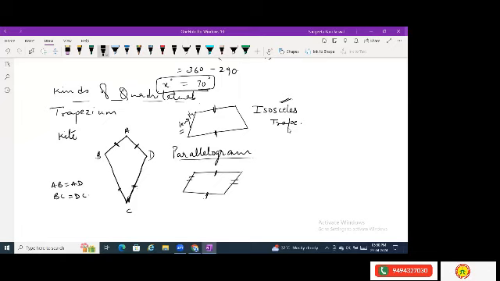Okay, so you can write here opposite sides are equal, and parallel also. So with the parallel property, we have the name parallelogram. Okay, children. So the opposite sides in this are parallel and equal.